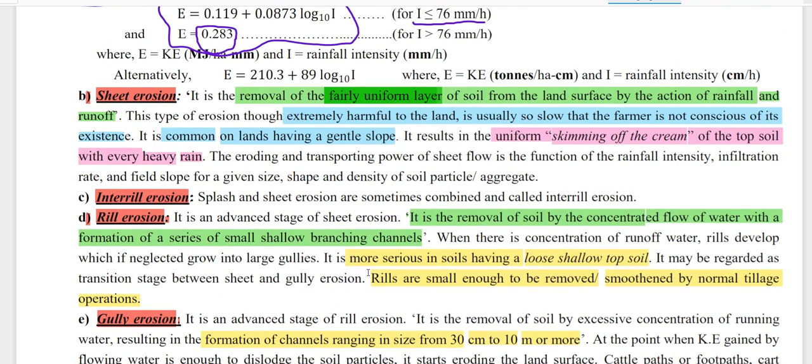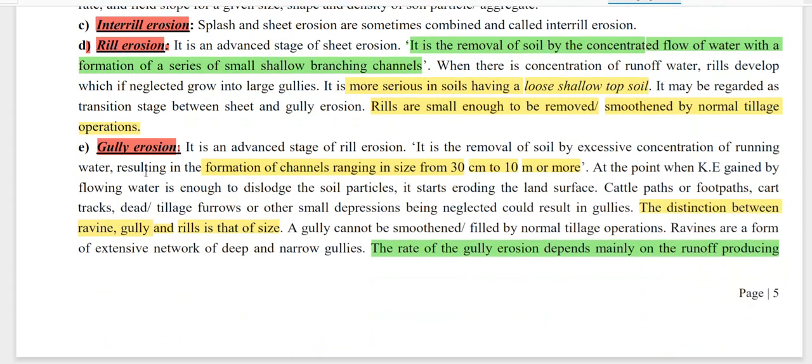But after rill erosion also, we can control it by normal tillage. But if we leave it, then it will be a very big problem. Channels of 30 centimeter to 10 meter will be formed. When the kinetic energy gained by the flowing water is enough to dislodge the soil particles, it starts eroding the land surface also.